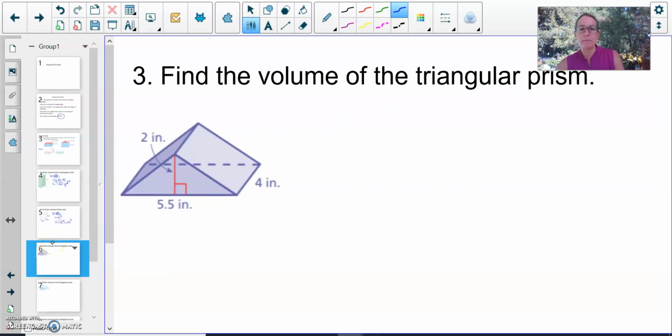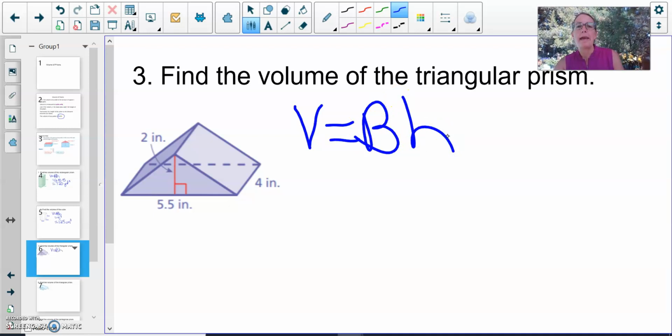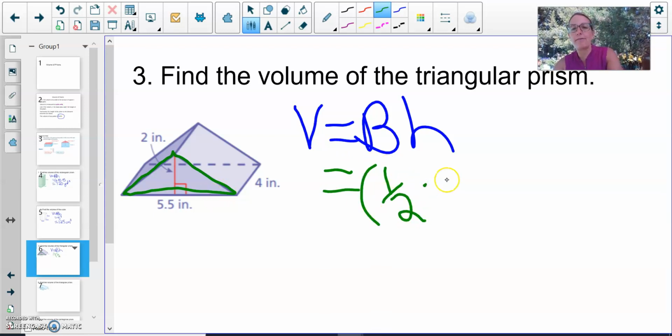Okay, a triangular prism. So our formula is still volume equals base area times height of the prism. But now for the base area, remember, the base is a triangle here. So my base area is 1/2 times 5 5/10 times the height of the triangle, which they're telling me is 2.